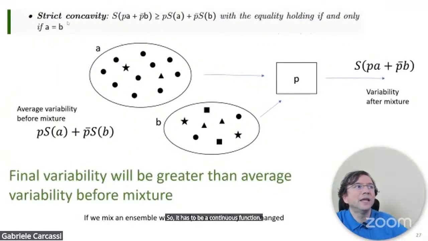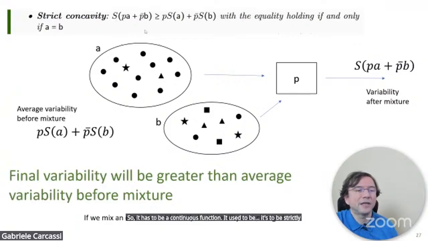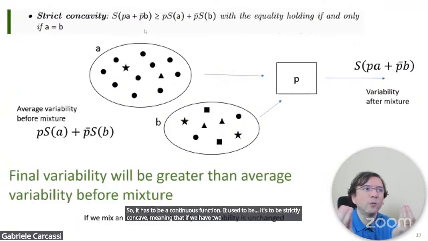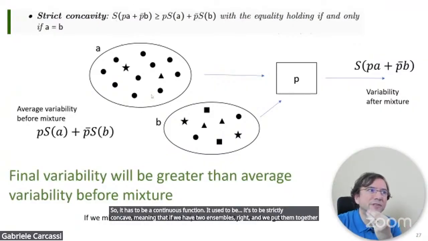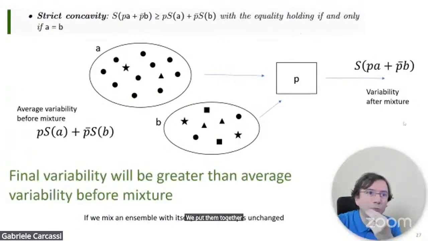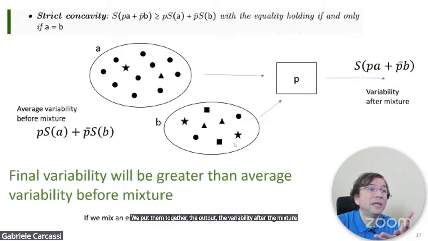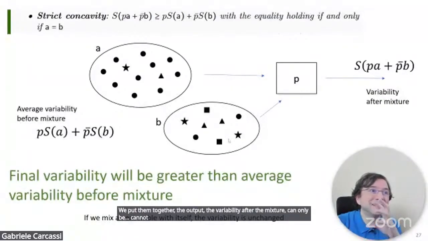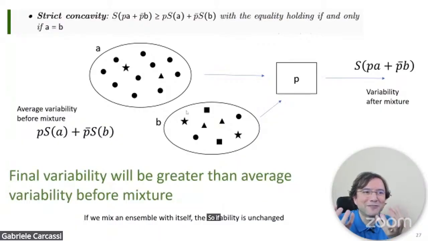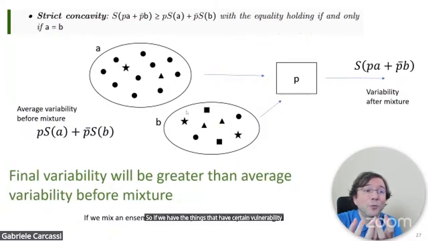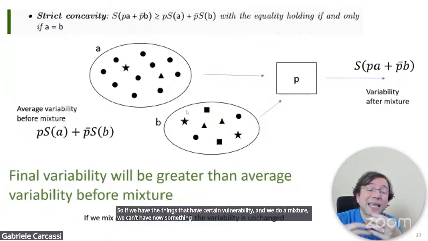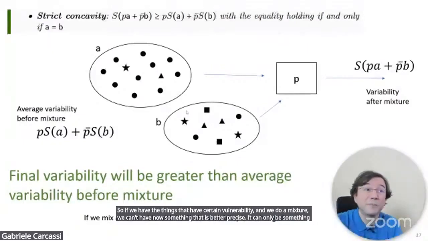It needs to be strictly concave, meaning that if we have two ensembles, A and B, and we put them together, the variability after the mixture cannot be less than the average variability of what we put in. If we have things that have certain variability and we do a mixture, we can't now have something that is more precise. It can only be something where the variability increases.